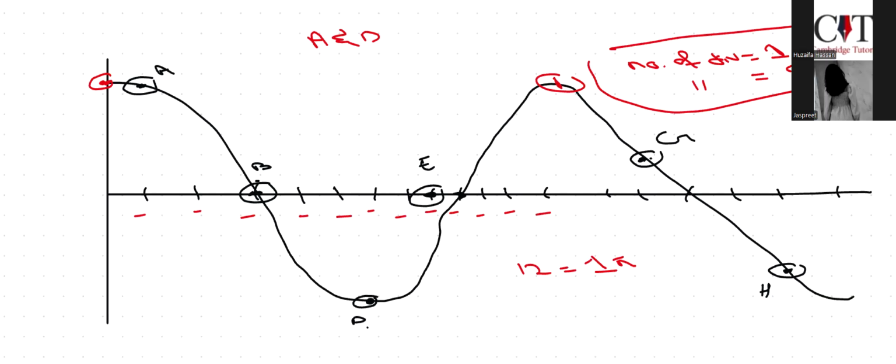Now, count the boxes between A and D. One, two, three, four. Wait.